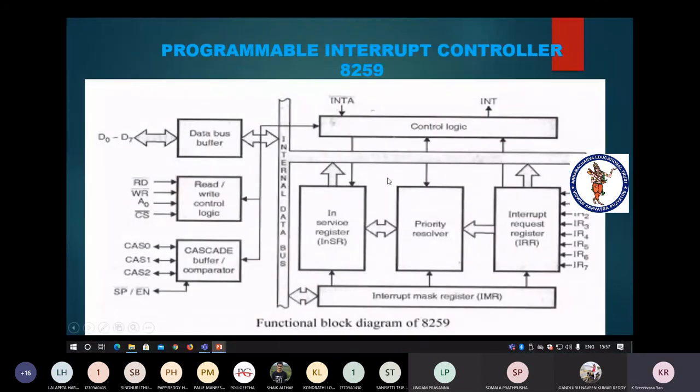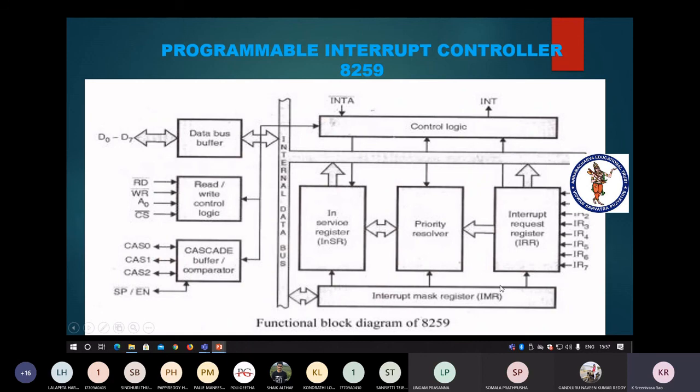So at a glance, the interrupt request register holds the requests from the devices. Next, the interrupt mask register holds which interrupt request sources are disabled. The in-service register holds the data about the currently processed interrupt request source.